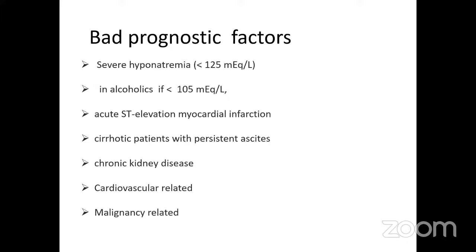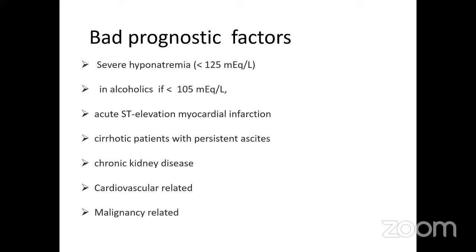Now, what are the bad prognostic factors? Somebody with a sodium less than 125. Alcoholics, if sodium is less than 105, are also prone to osmotic demyelination syndrome. In acute ST elevation myocardial infarction, it heralds a bad prognosis. In cirrhotic patients with persistent ascites, you should correct hyponatremia.